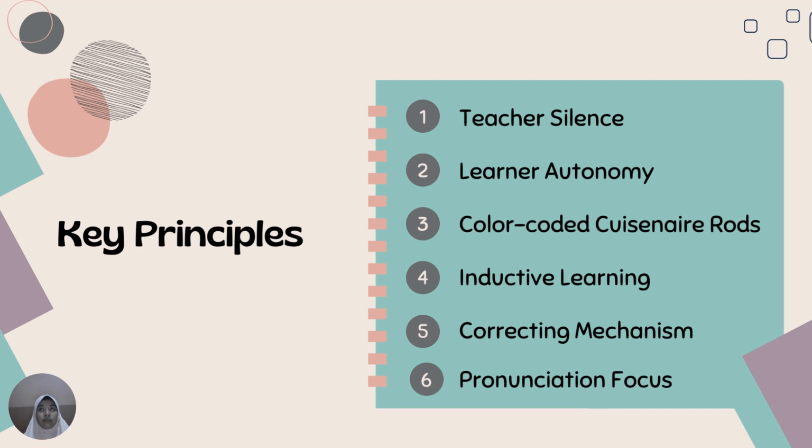Practically in the class, when the students answer or read something in the target language and there is wrong pronunciation, the teacher corrects them by showing the color coded chart. So it helps them to correct what they have said.